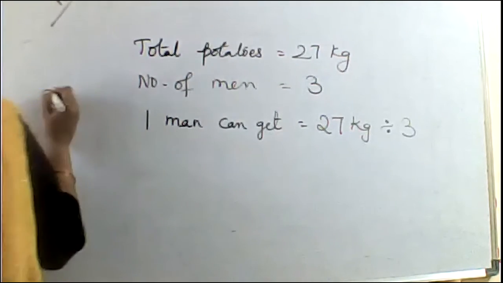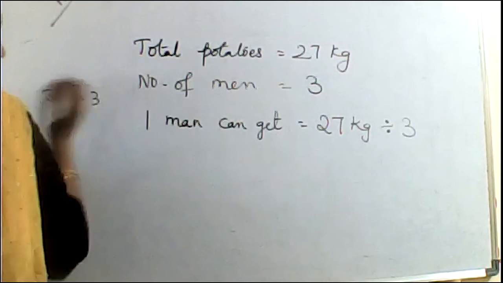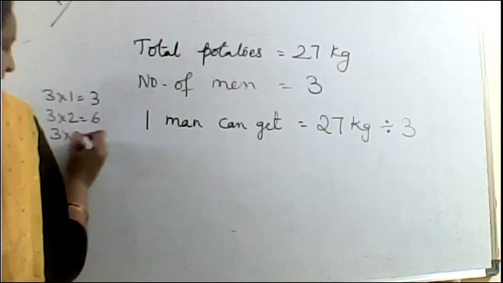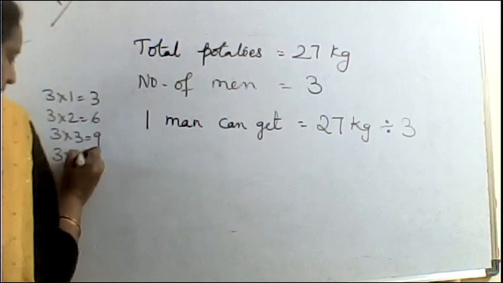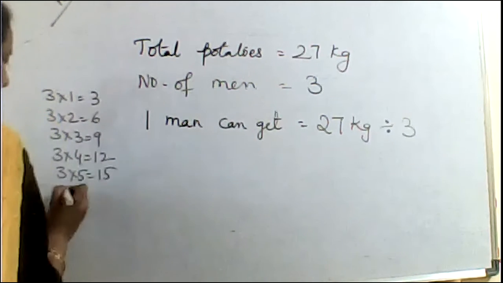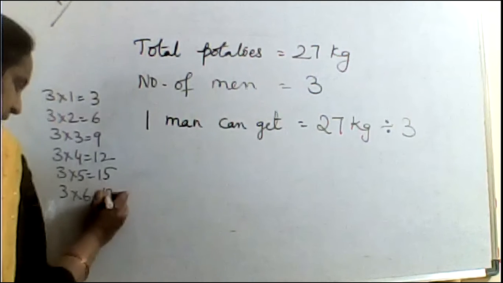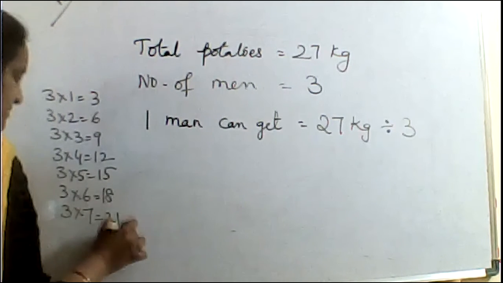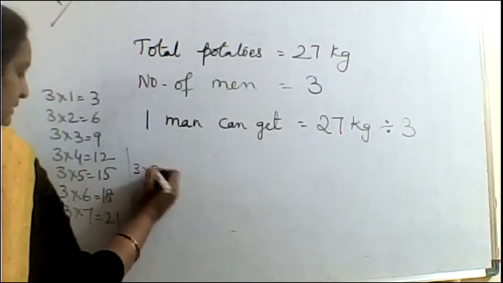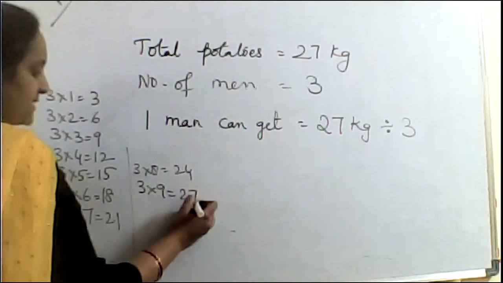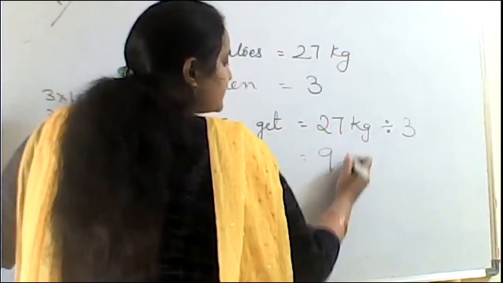So the 3 table. 3 ones are 3. 3 twos are 6. 3 threes are 9. Yes, very good. 3 eights are 24. 3 nines are 27 kg.